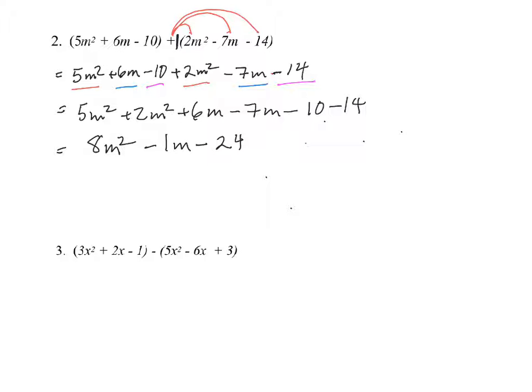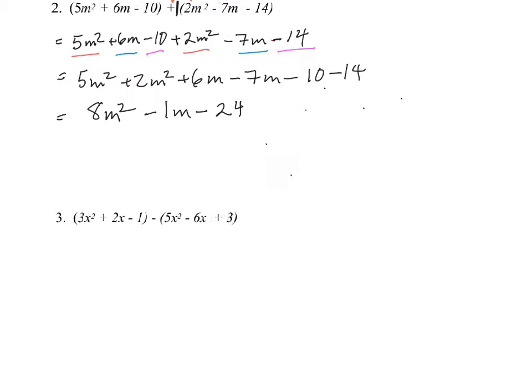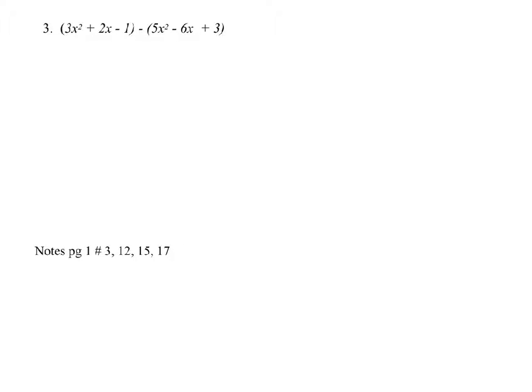Now, the next part of the problem is when we have something like this. Just like before, the first bracket has nothing sitting in front of it, so we can immediately drop the bracket. So we get 3x squared plus 2x minus 1.